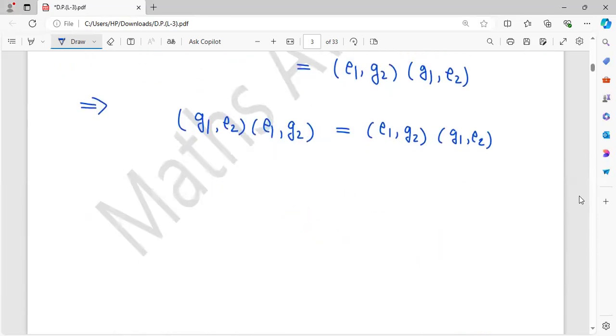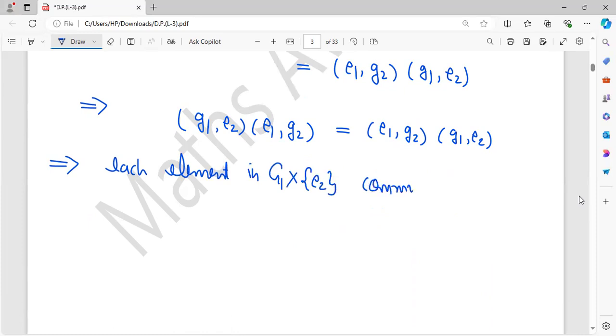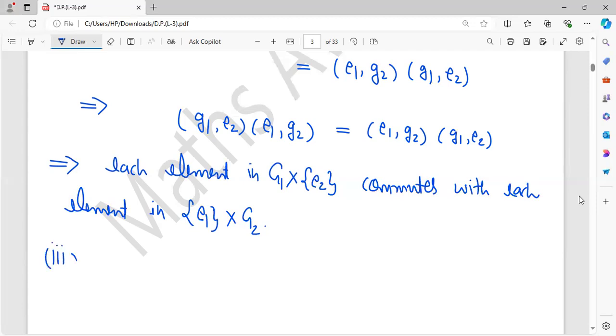So this implies each element in G1 × {e2} commutes with each element in {e1} × G2. Okay. So the second is proved.